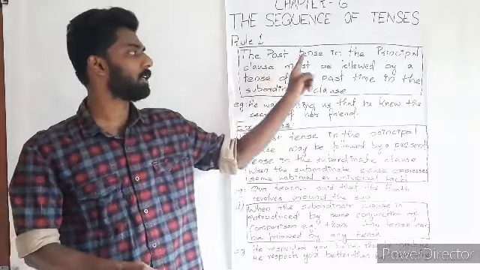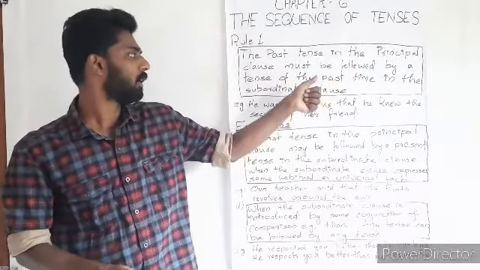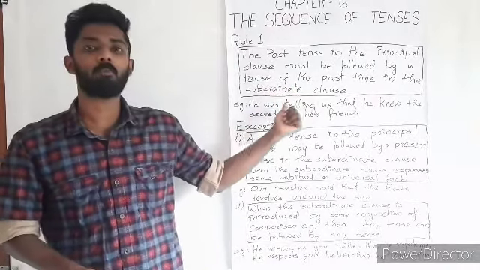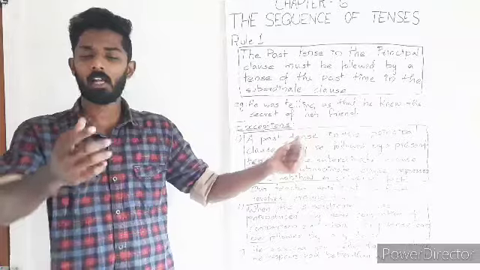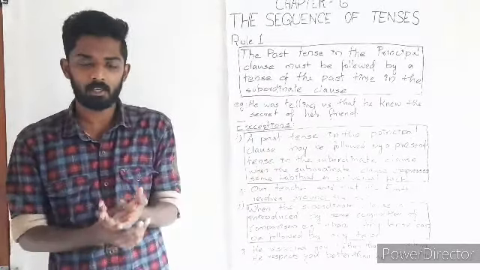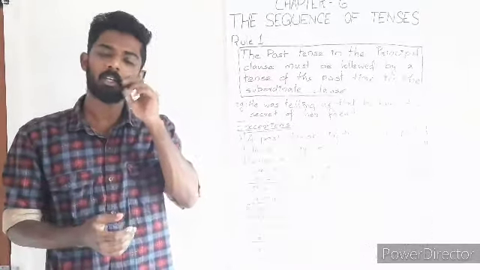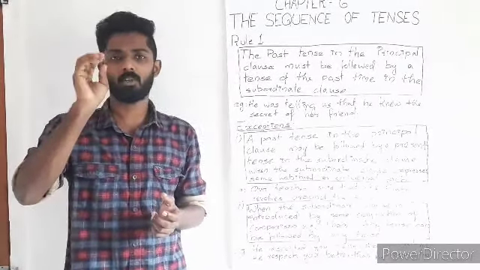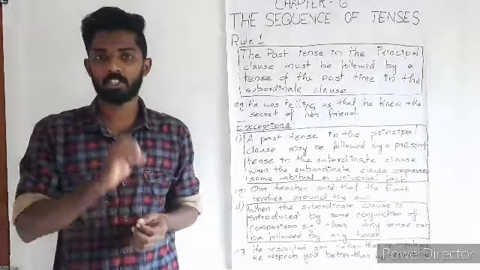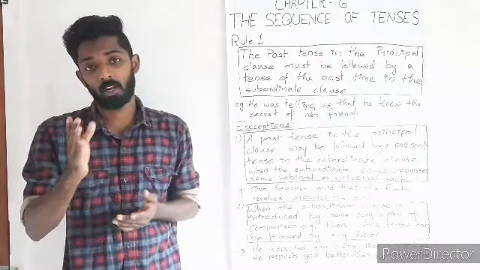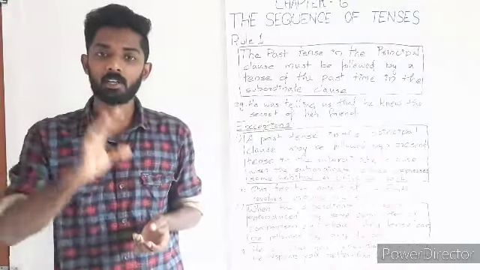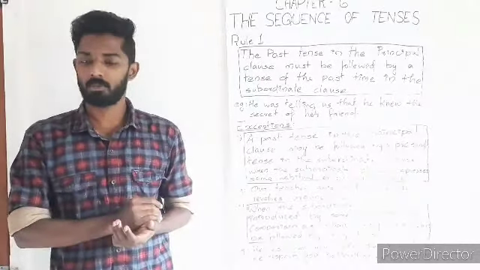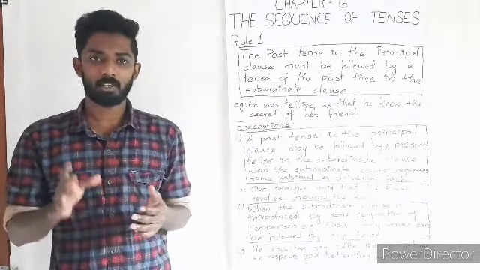That is, a past tense in the principal clause must be followed by a past tense or the past time in the subordinate clause. Alright, I can give one more example: she told me that it had been raining for 2 hours. So here the principal clause is in the past tense, that is, she told me, whereas the subordinate clause is also in the past tense, that is, it had been raining for 2 hours.